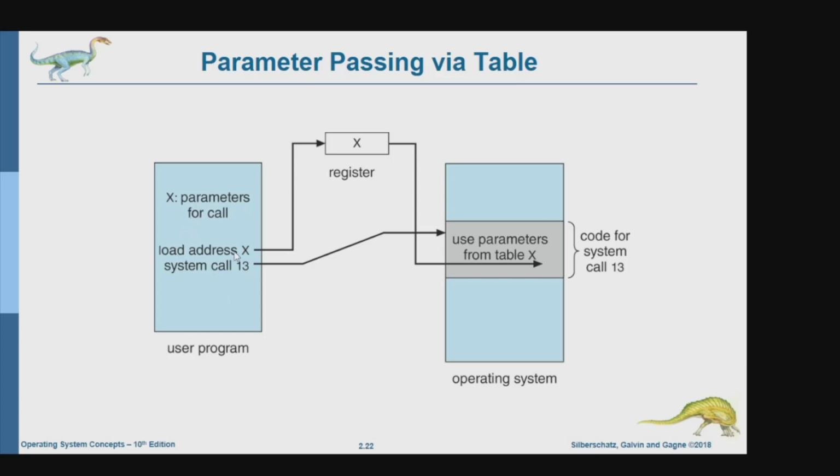So load address X, system call 13. It loads the address X to the register, and system call 13. Then here, use parameters from table X. So the code for system call 13 is known based on this part. And then this one is the operating system. So the parameters X are passed via the table.